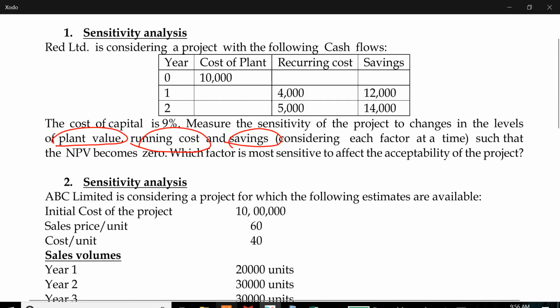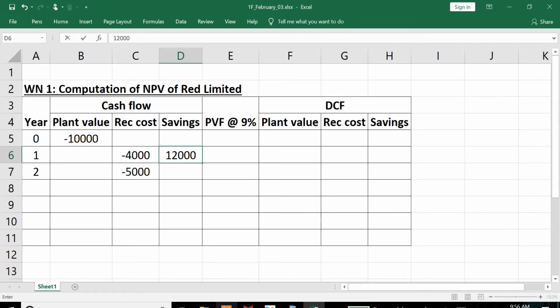Savings: 12,000 and 14,000. Your rules for DCF computation remain same.